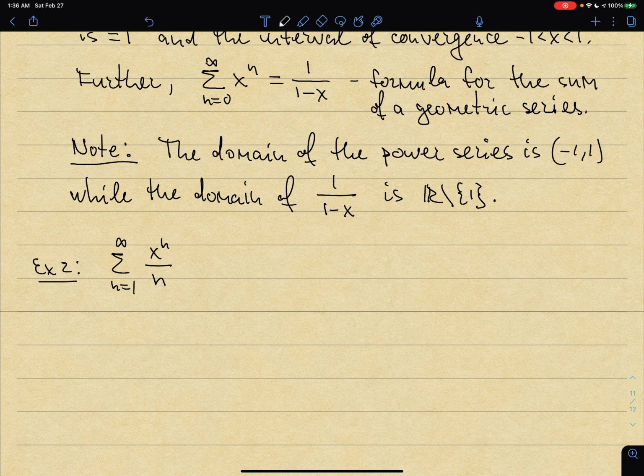This is no longer a geometric series. So to determine its pointwise convergence, I need to use either the ratio test or root test. In this case, because I have just n on the bottom, it's easier to use a ratio test.